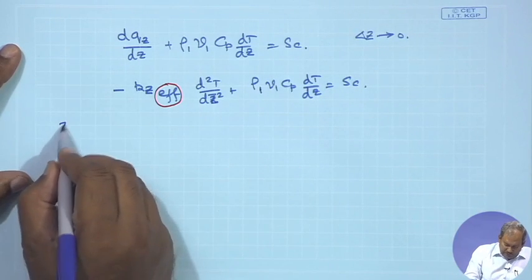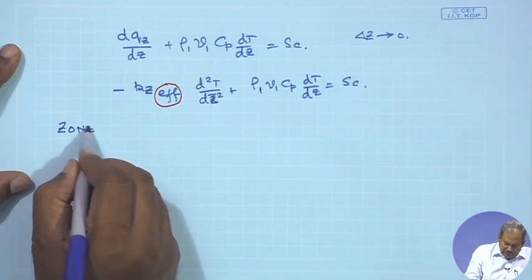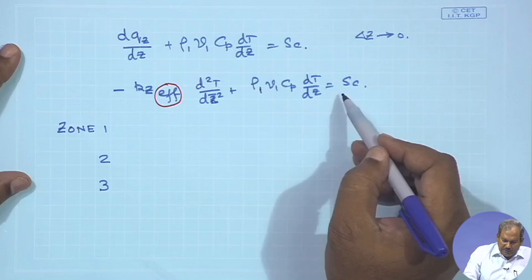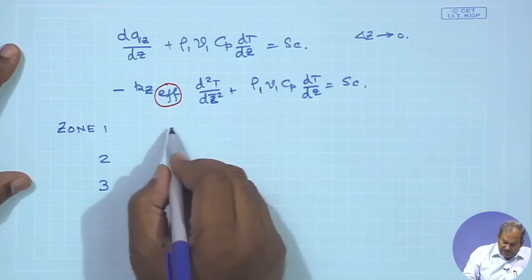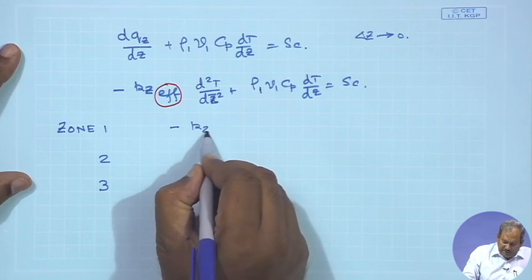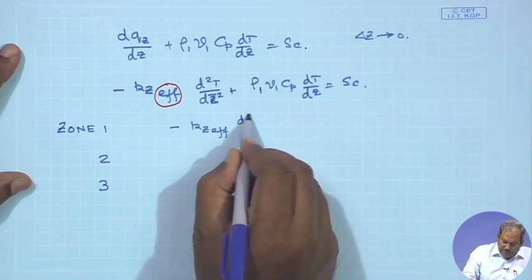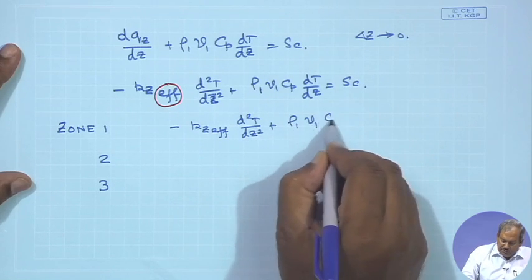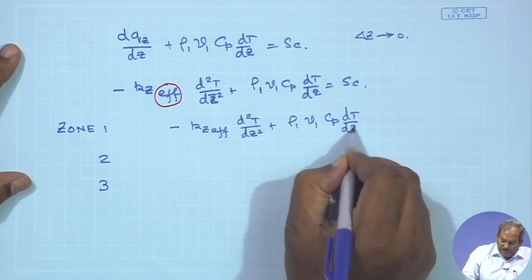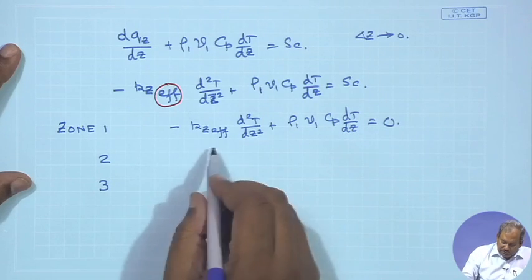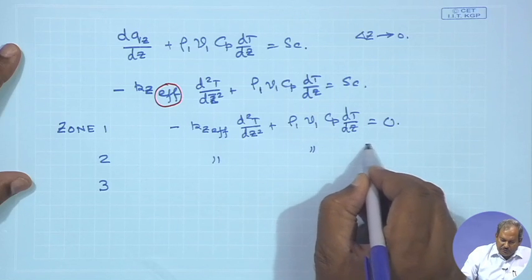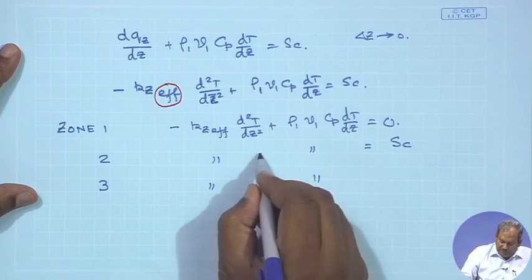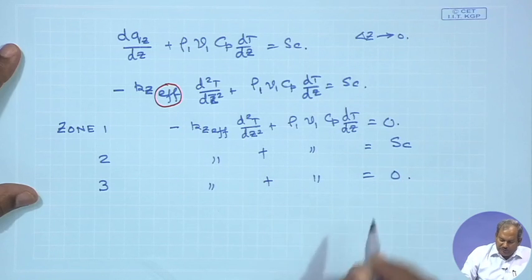The equation will be of a different form in zone 1, 2 and 3. In zone 1 there would not be any heat generation term. So, it would simply be minus kz effective d2T dz square plus rho 1 v1 Cp times dT dz is equal to 0. In zone 2 these two terms would be there, but this would be equal to Sc. In zone 3 the sum of these two would be equal to 0.